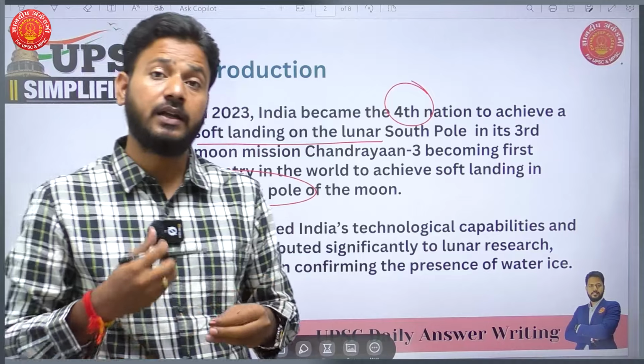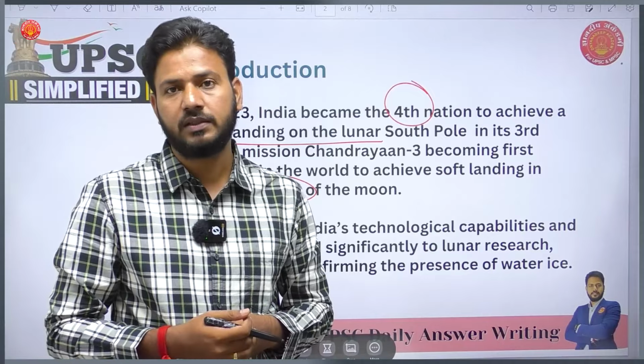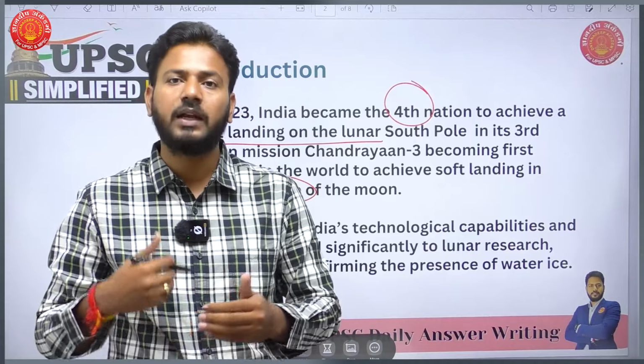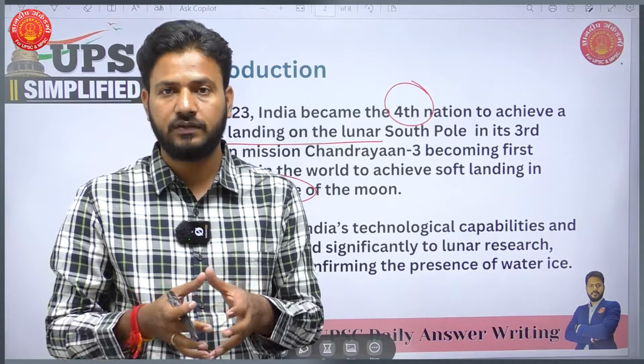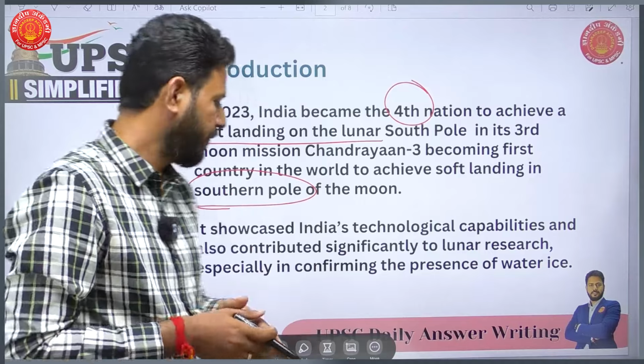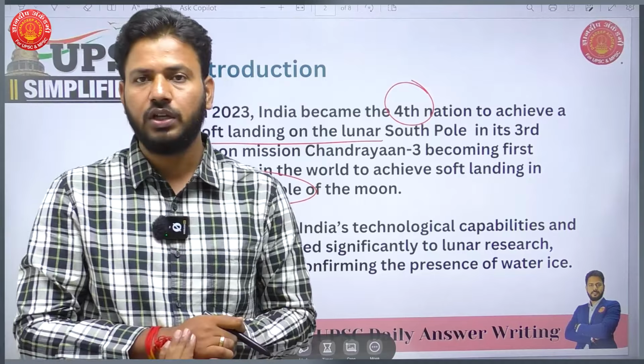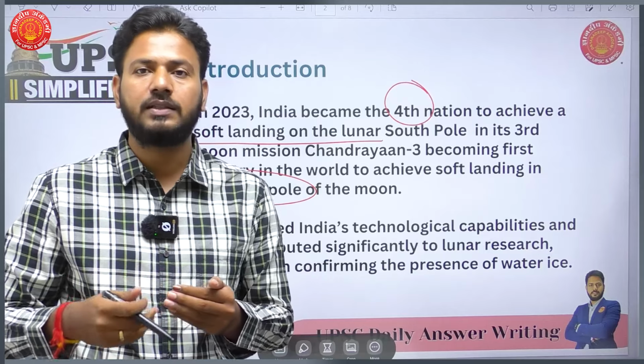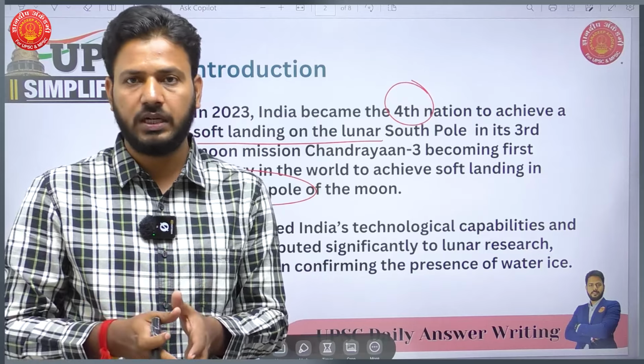Now, this is what we had found out in the previous missions to the moon, Chandrayaan 1 and Chandrayaan 2. Now, this is building upon the research that we have successfully done in the first 2 missions. Now, this is how your introduction should be. Okay, so you're already starting to answer the focuses right from your introduction.